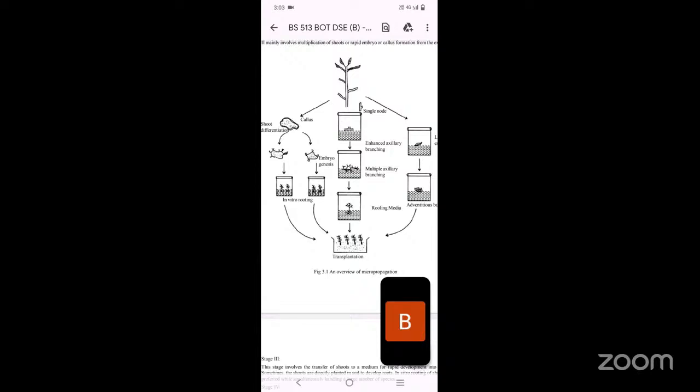See here, axillary bud proliferation. The meristems are present at the axillary, that is, the shoot tips, or sometimes root tips.